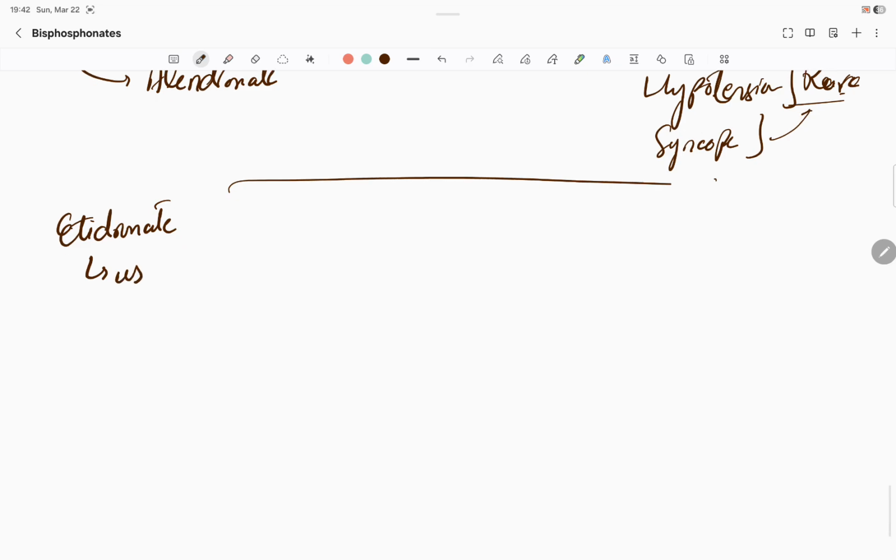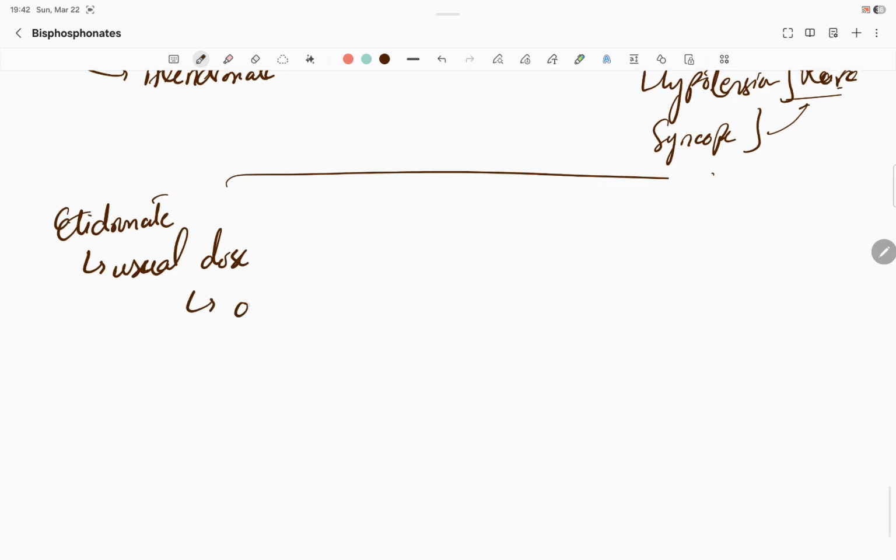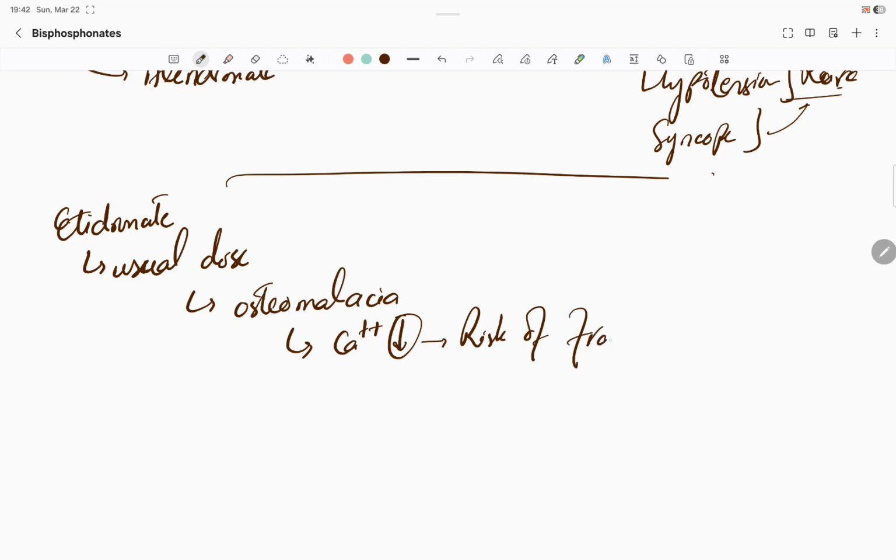So if we take the usual dose of Etidronate, it can cause osteomalacia. Osteomalacia is a disease in which calcium level goes down and risk of fracture increases. Okay, this is a thing linked with Etidronate.